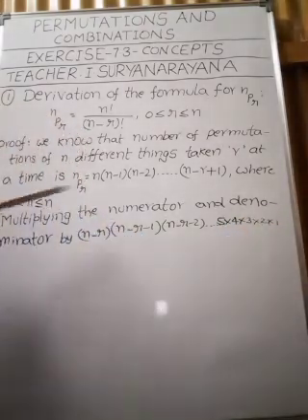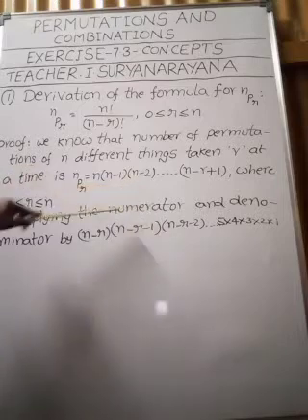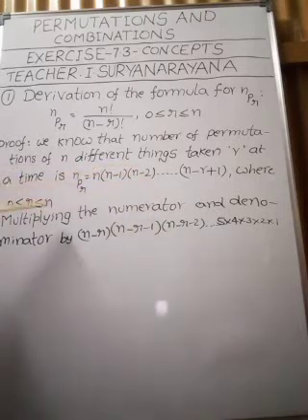Here the denominator is 1. So we are multiplying the numerator and the denominator by this number.